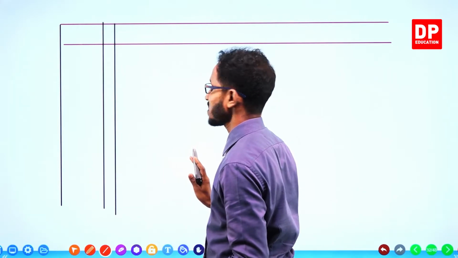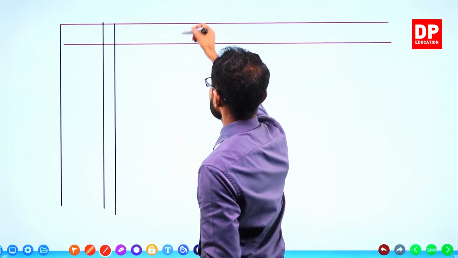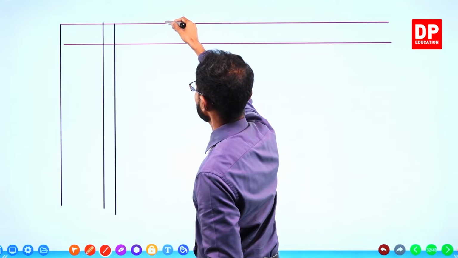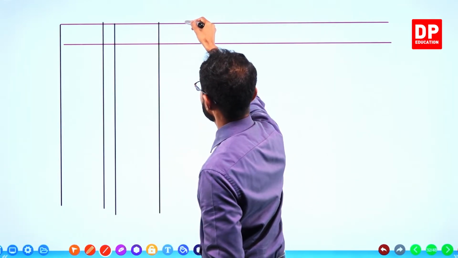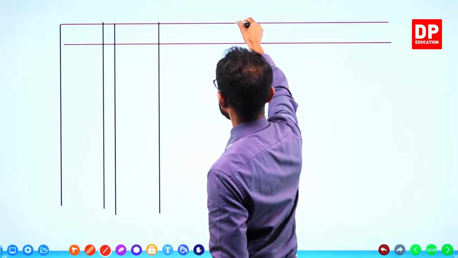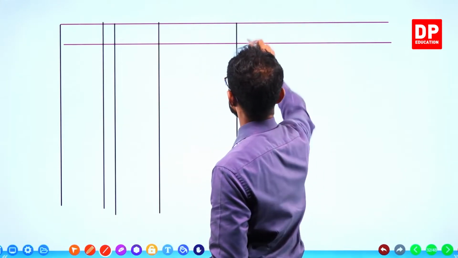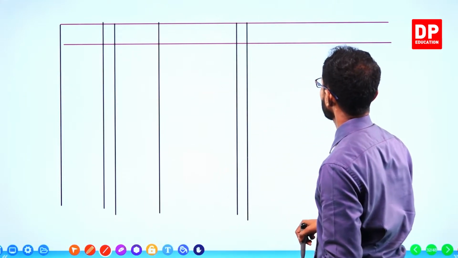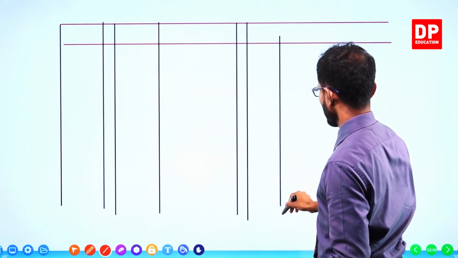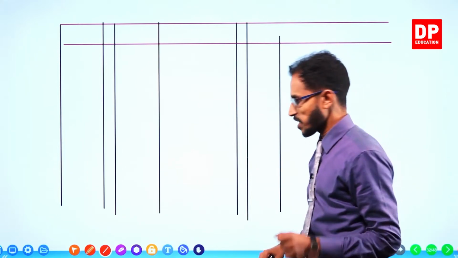Not very necessary, but just draw the column because that is the format. Then date column, description column, voucher number, analysis columns. What analysis columns are needed? You have to check.